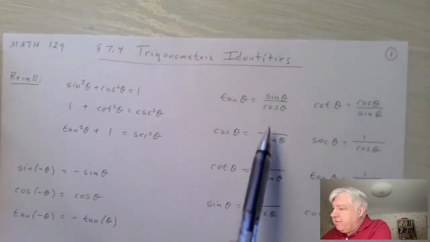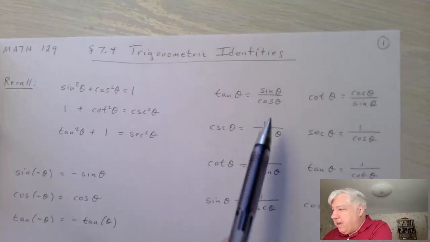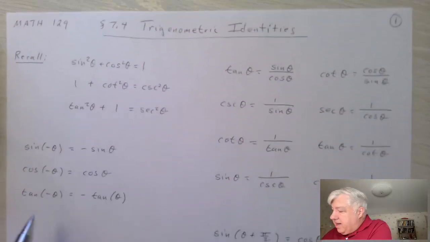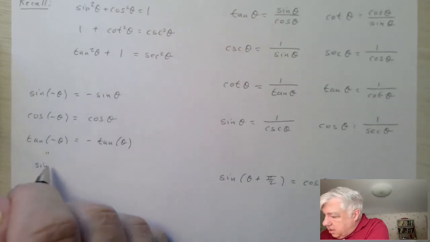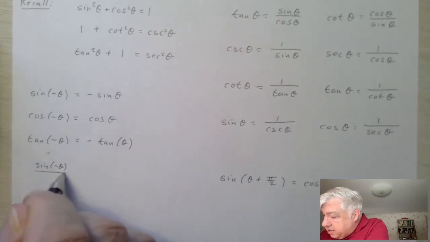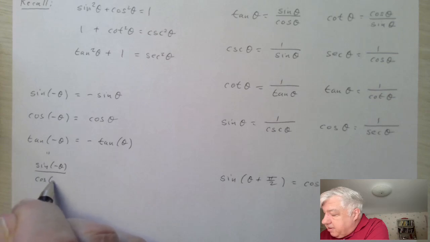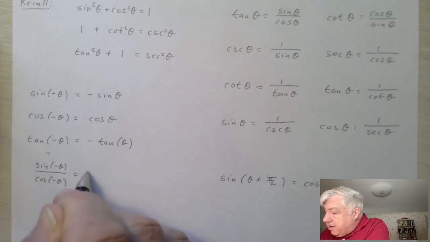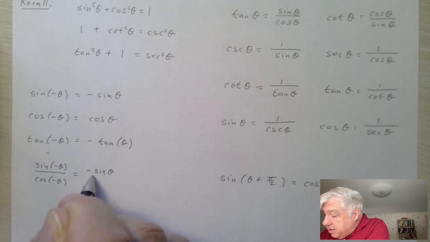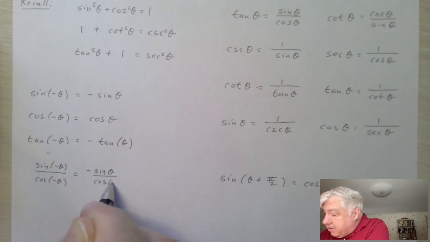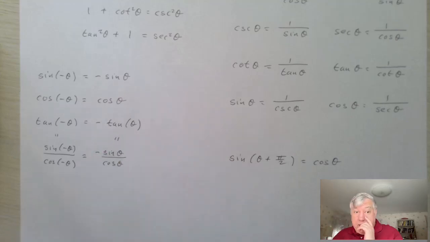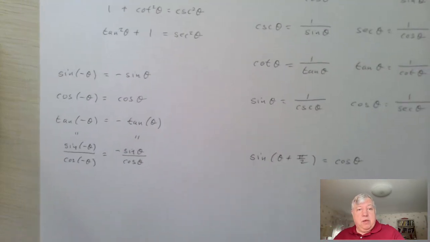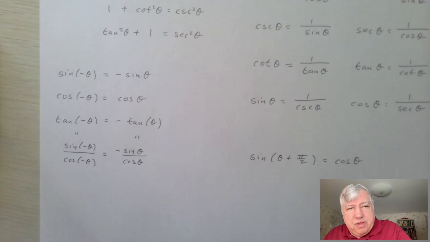We can actually prove this right now, because the tangent of minus theta is going to be sine of minus theta over cosine of minus theta. But then we know that this is minus sine of theta, and this is just cosine of theta. So this is equal to minus tangent of theta. And then you can figure out the other ones.